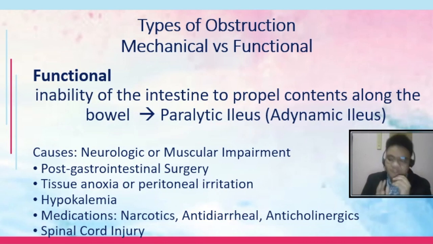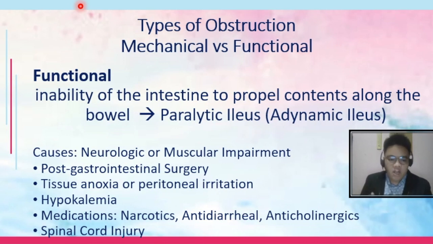One, it could be after a gastrointestinal surgery. Two, it could be because of tissue anoxia, lack of oxygen, or peritoneal irritation. Three, it can also be caused by decreased potassium levels, or hypokalemia. It could also be because of depressant medications, such as your narcotics. It could also be because of your sympathetic medications, such as your antidiarrheal and anticholinergic.